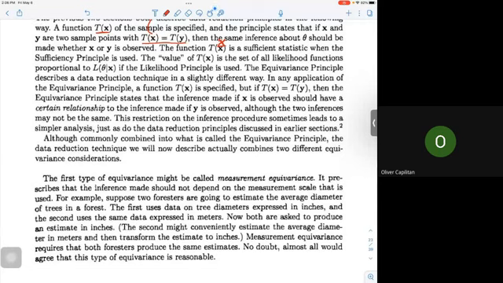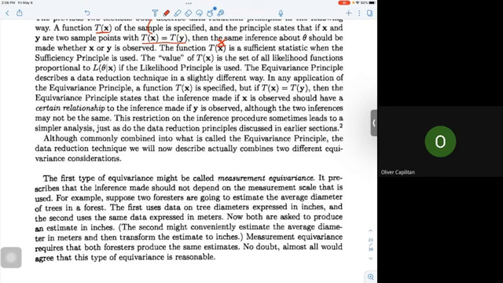Yung sa sufficiency principle at saka sa likelihood principle, they have the same inference, whether we're going to use the sample point x or the sample point y.